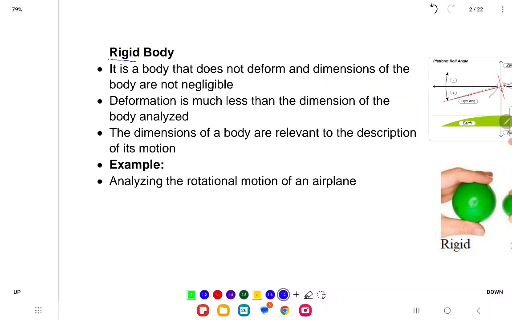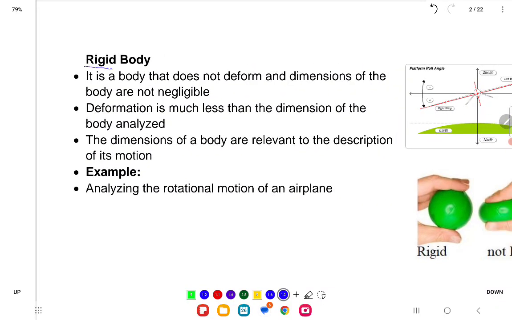So we are going to study kinematics for a rigid body. It means that the dimension is important and it's rigid, so we ignore any deformation, or the deformation is insignificant with respect to the dimension and size of the body. So it's a rigid body.